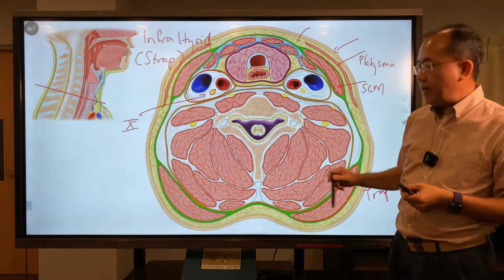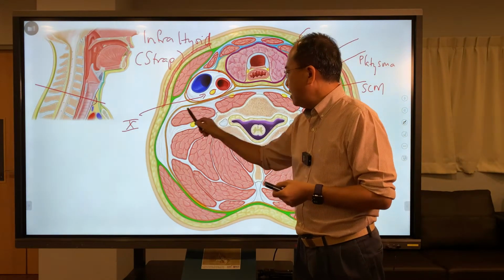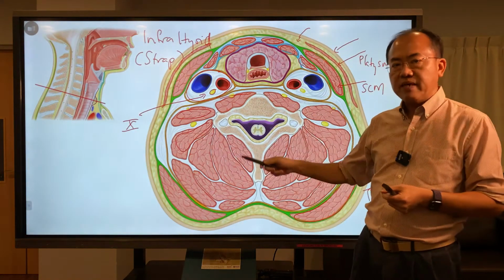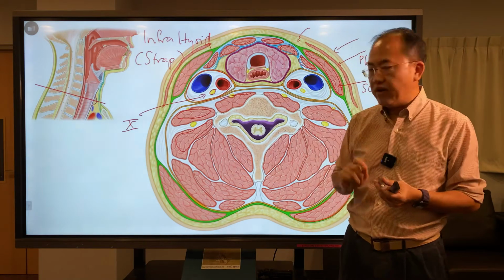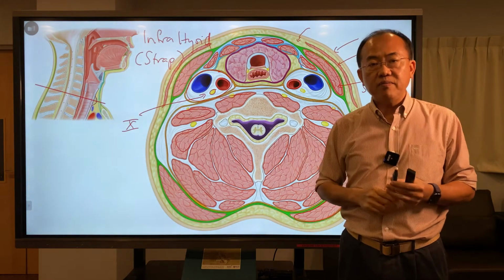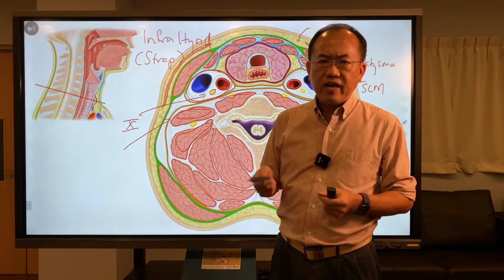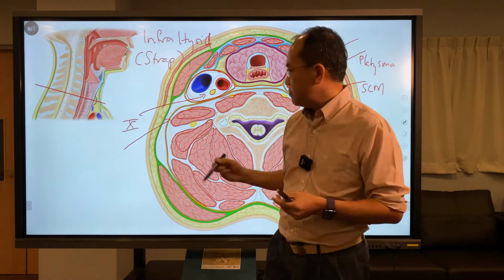Then we move back a little bit to this group of muscles. Even though we don't require you to recognize most of the muscles surrounding the vertebra, there are two muscles we want you to remember. Very, very important, because there are a lot of important relations there. One of them you may have briefly come across when you did the thorax or the upper limb.